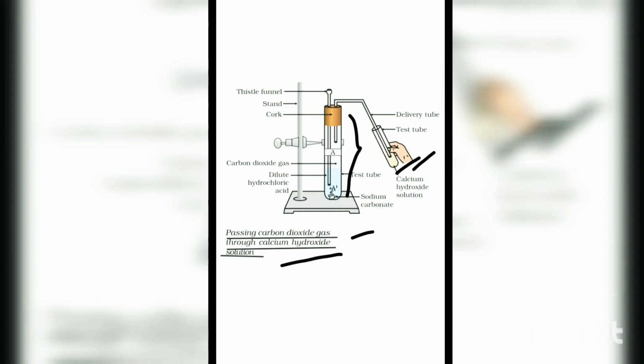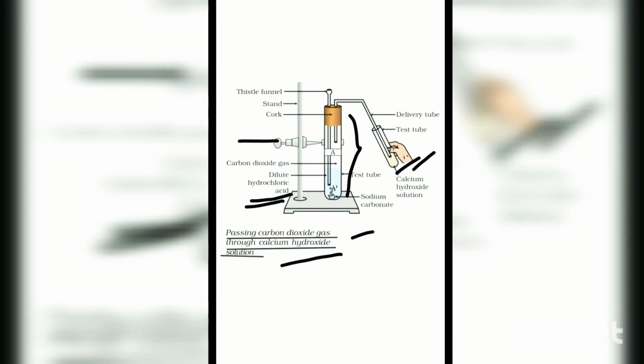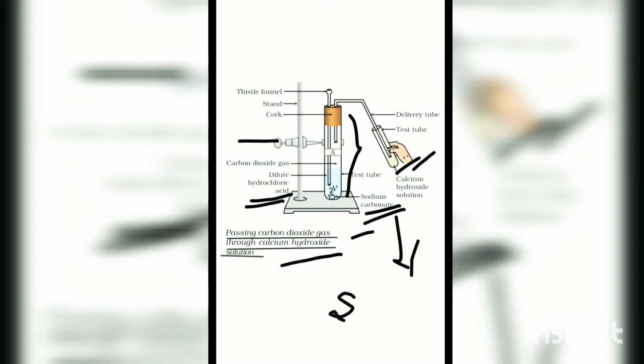In the test tube which is connected to this stand, we have dilute hydrochloric acid, and it contains sodium carbonate or it could be sodium bicarbonate.